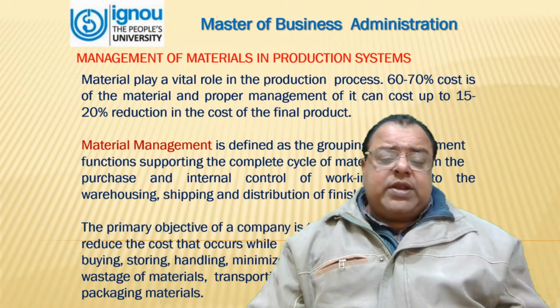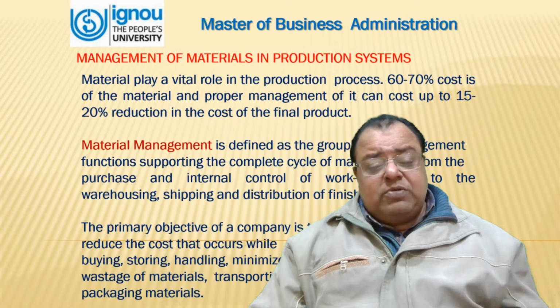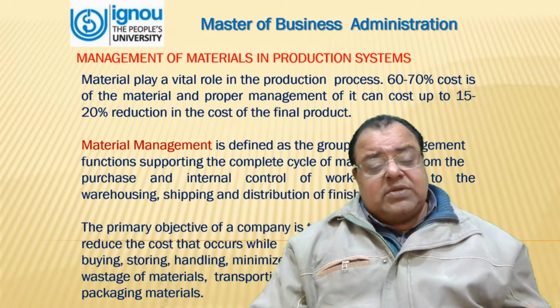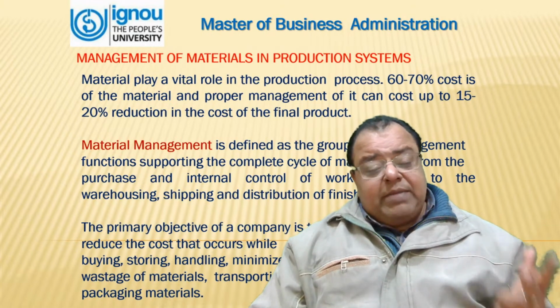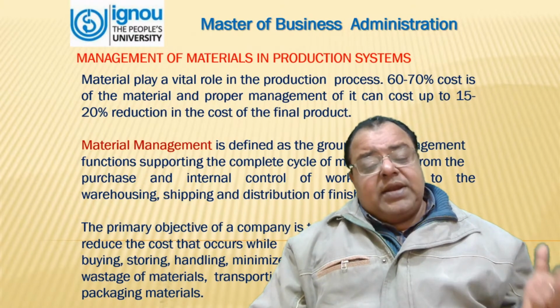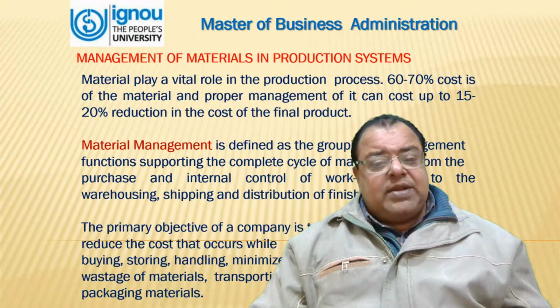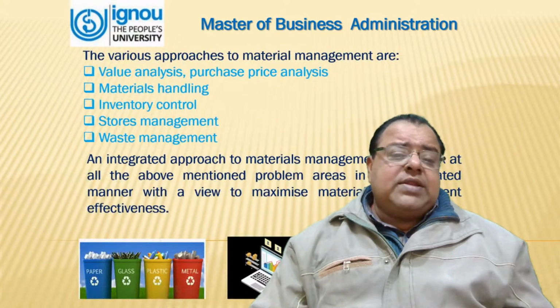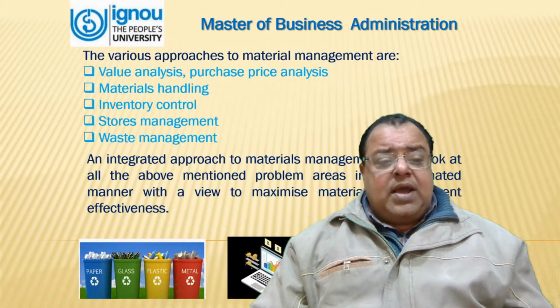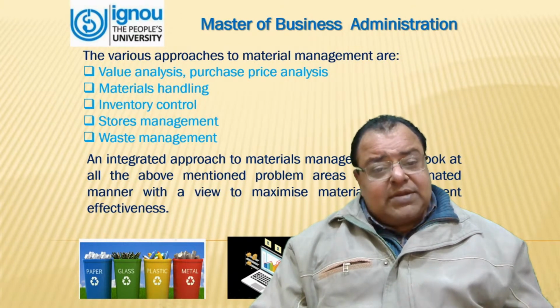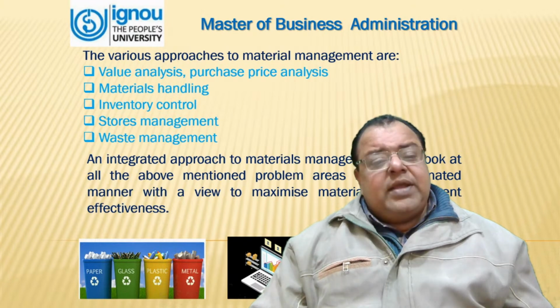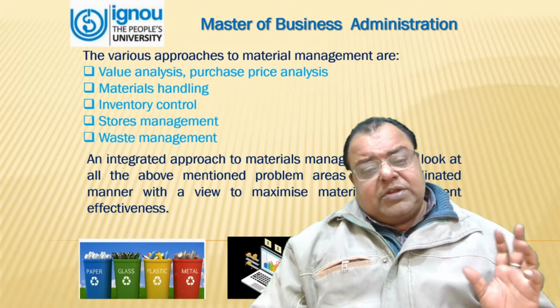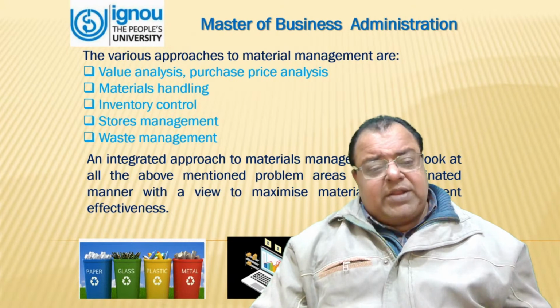The primary objective of a company is to reduce the cost that occurs while buying, storing, handling, transporting, and packaging material, and to minimize wastage of material. The various approaches of material management are value analysis, purchase price analysis, material handling, inventory control, store management, and waste management.